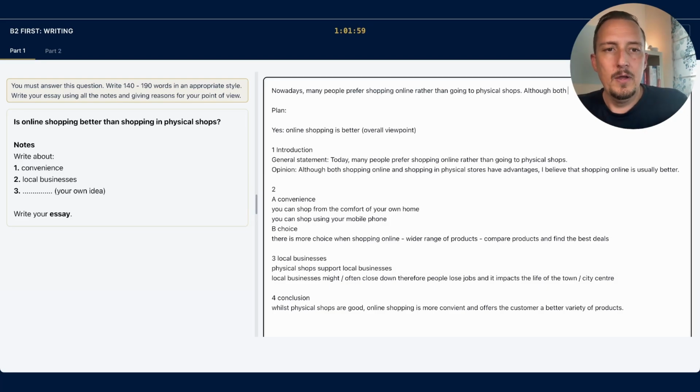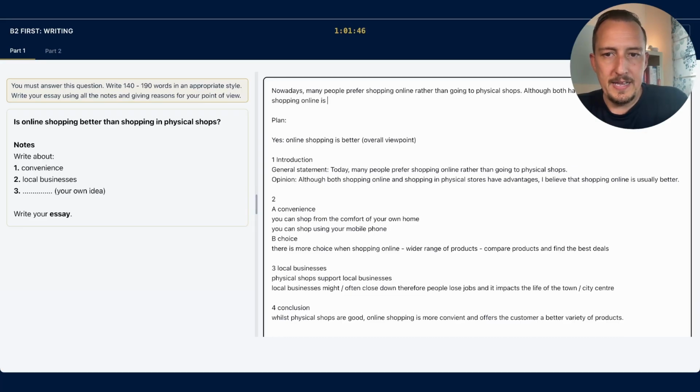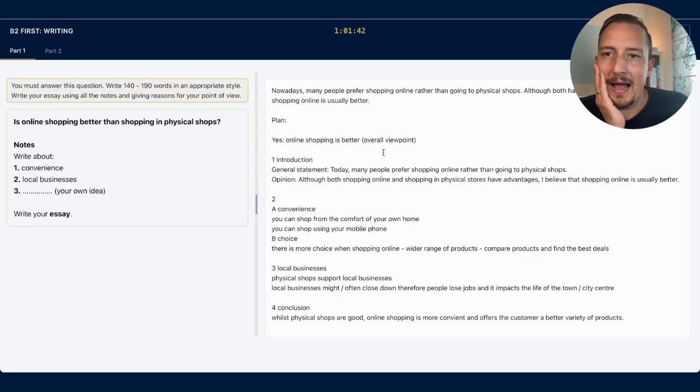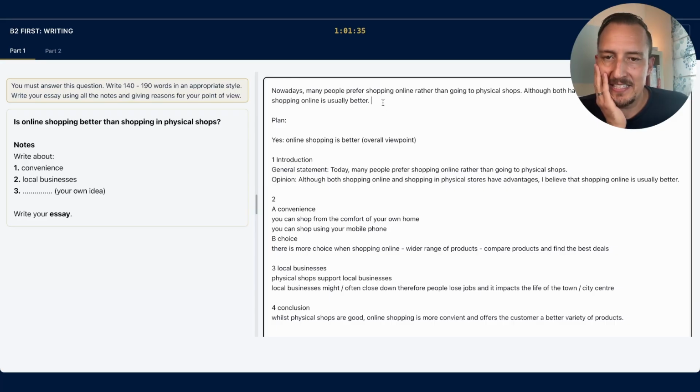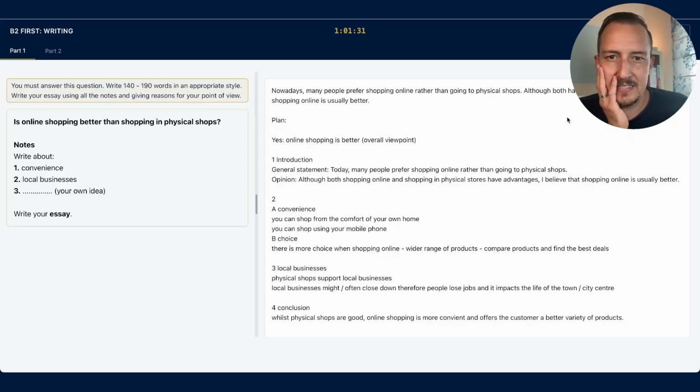So what about, although both have advantages, I believe that shopping online is usually better. So what about that? Is usually better. That's fine. Is the both okay? Although both have advantages, I think that sounds fine.